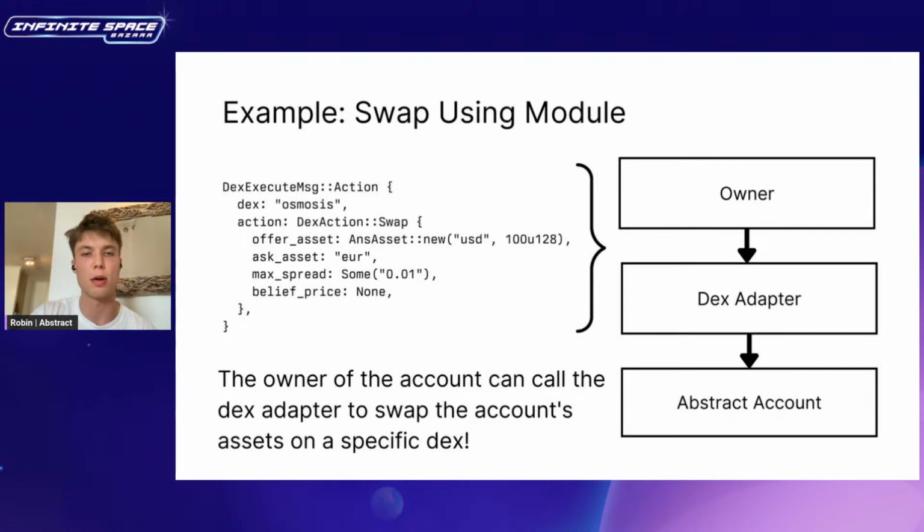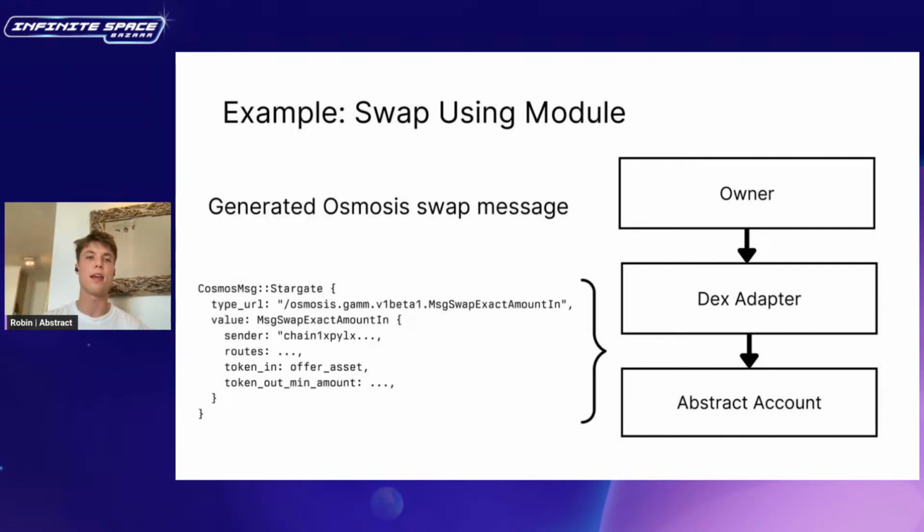And to swap, I want you to use the US dollars that are in my abstract account, and I want to get euros in return. Okay, so you make a transaction, you send that to this DEX adapter. The DEX adapter then figures out, oh, you're trying to call Osmosis. Okay, how do I need to format these messages? What are the addresses that I need?